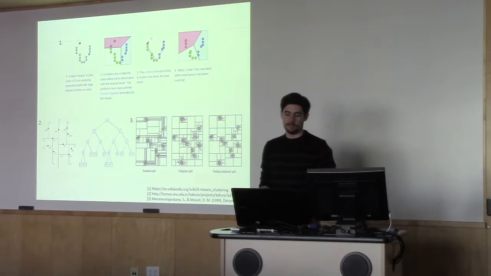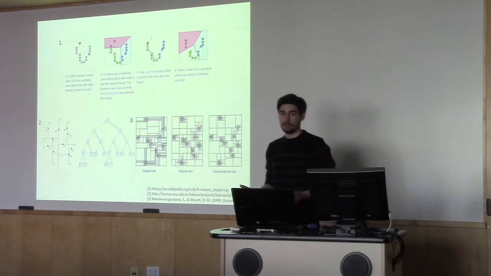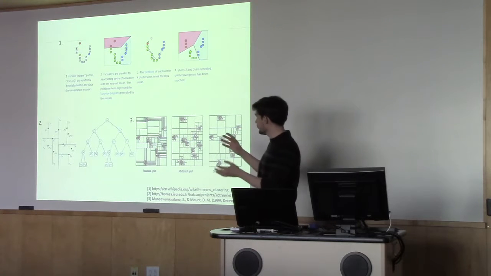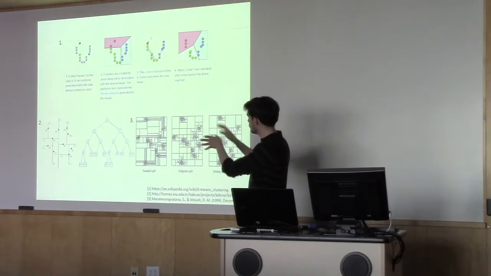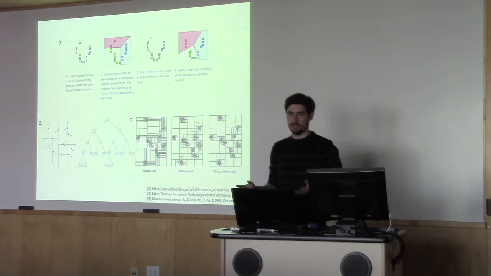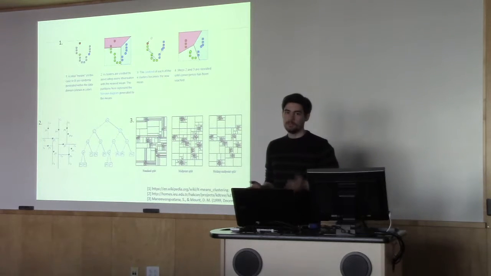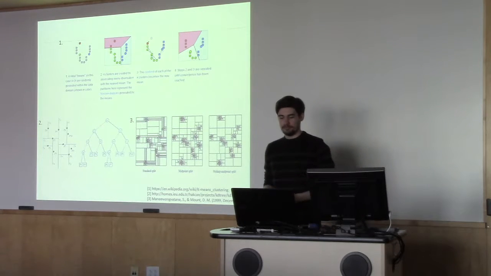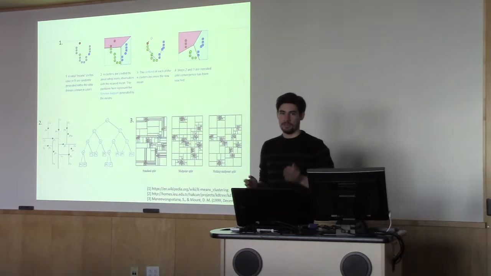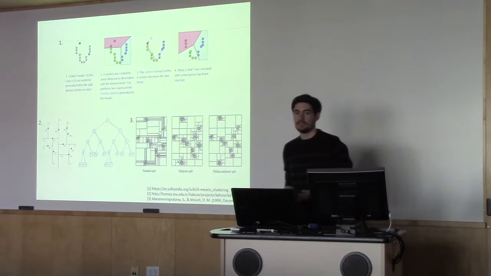So the k-means algorithm is a popular clustering algorithm based on essentially taking k center points and looking for the closest points in distance to those center points, and then iterating and taking the means of all the points in that group until we converge into some set clusters. K-means is a popular algorithm mostly because it's simple, but we'd like to make it fast because it's not particularly fast right now.